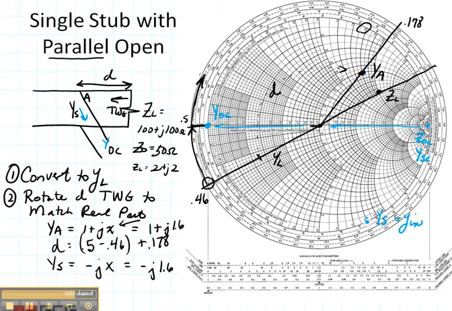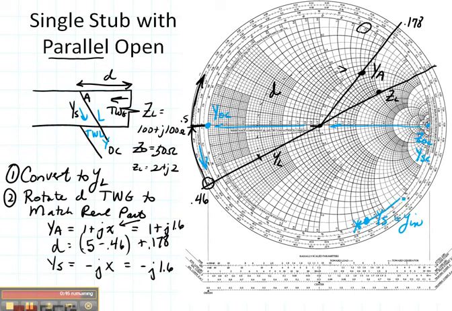So I'm right here at YA. I've defined my YS, and now I need to define my distance L, which is moving towards the load. So starting at YS, moving towards the load to my open circuit. So towards the load is this way. Very tempting to go that way, but that would be a mistake.